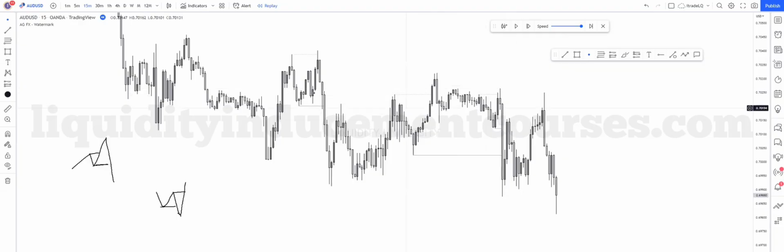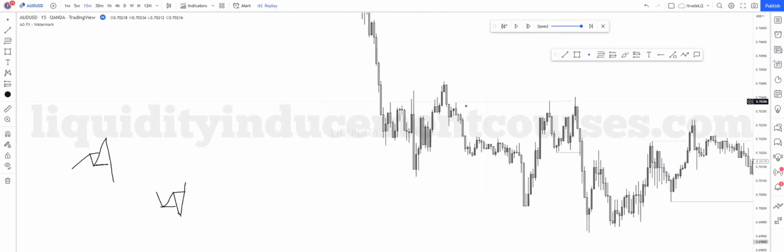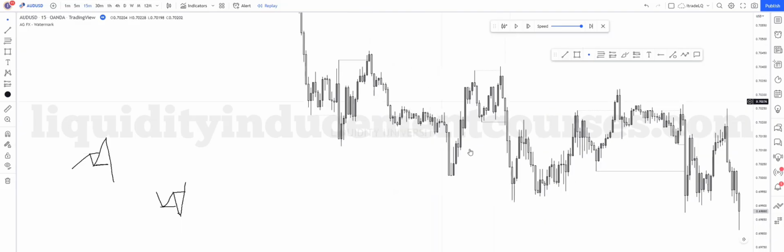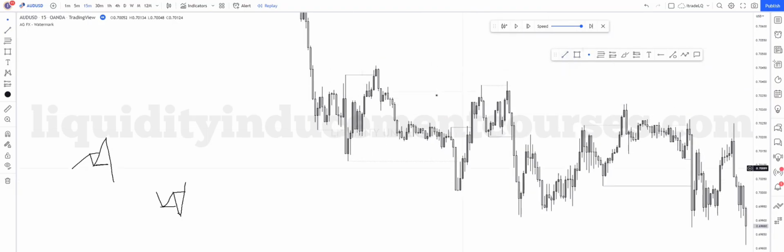Okay, so now let's look for some strong lows. Here's one, for example. All right, so got a crazy break of structure, there we go, strong low. Another strong low.